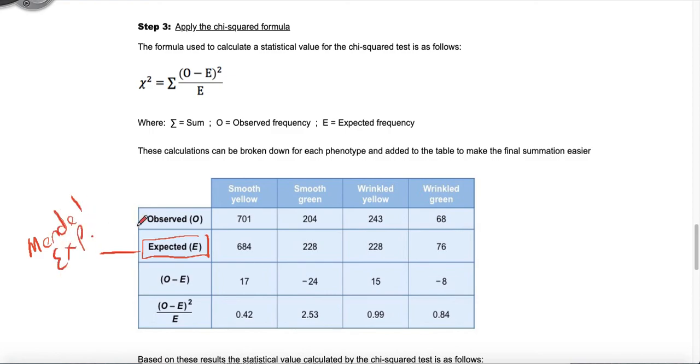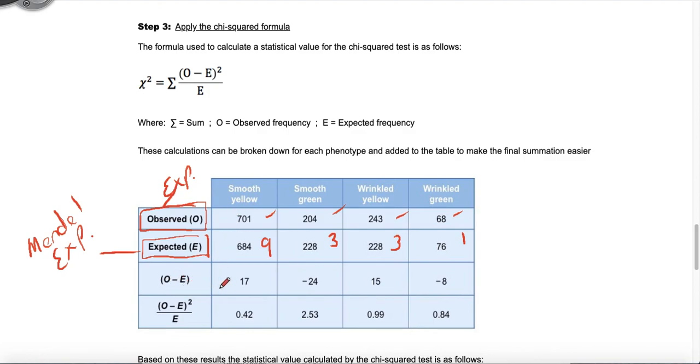Okay. So in other words, if we have a total of 1,260 plants, I expected to see a 9:3:3:1 ratio. And this is what I actually observed in my experiment. Okay, this, and this. So then I run some calculations so I can plug it into my formula.